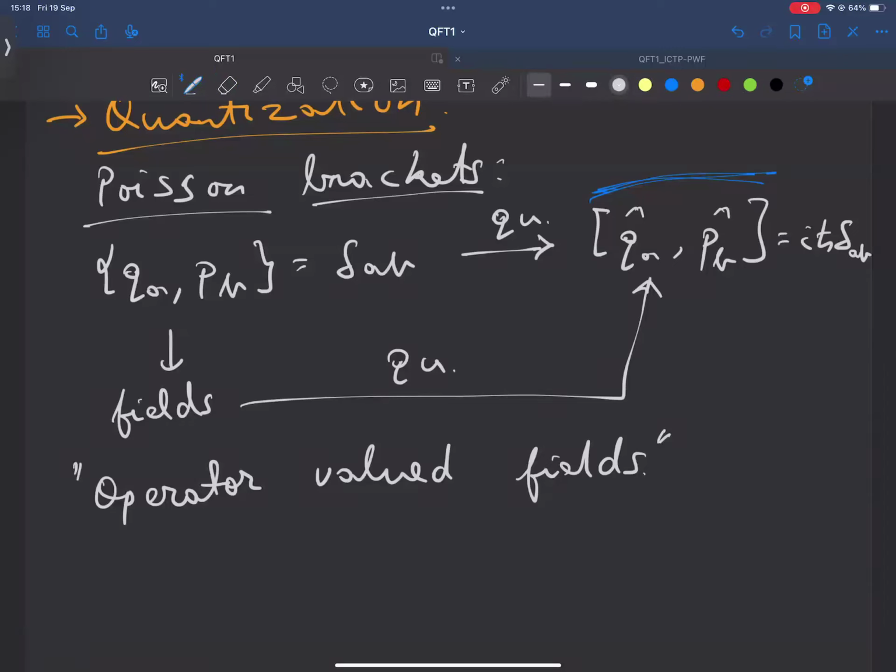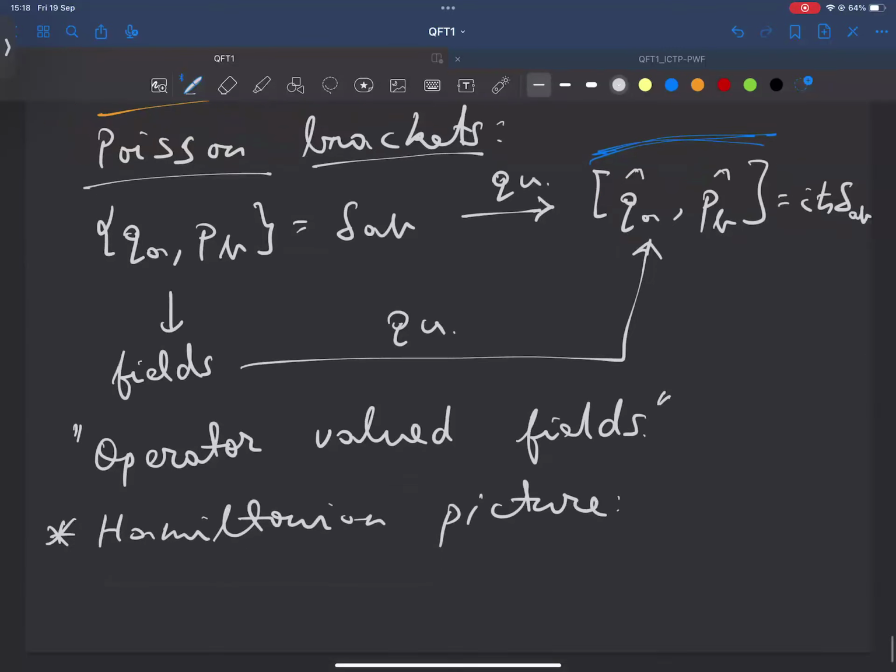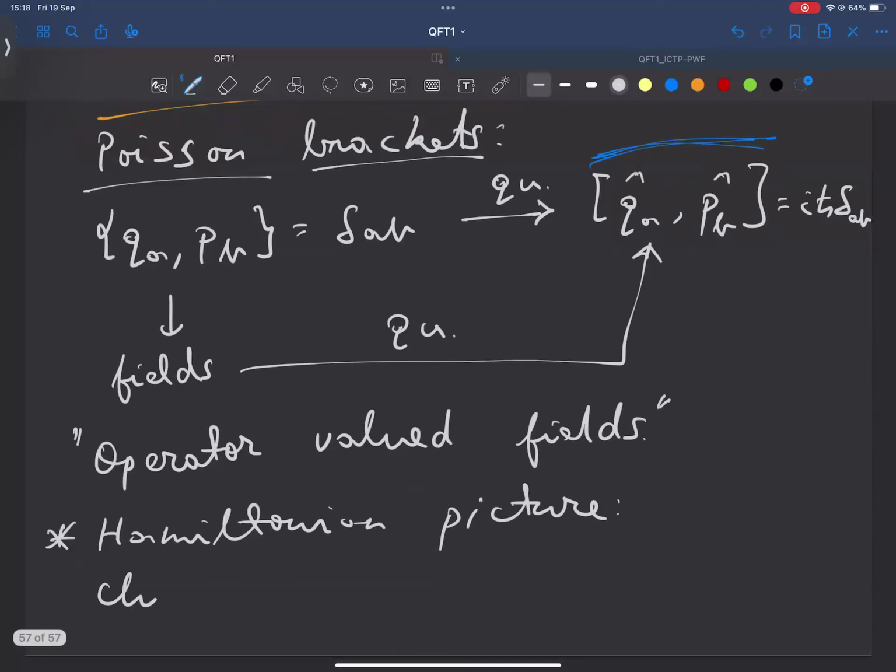it's always best in the quantization case to work in the Hamiltonian picture. And in the Hamiltonian picture, we saw that we choose a particular time. Okay.